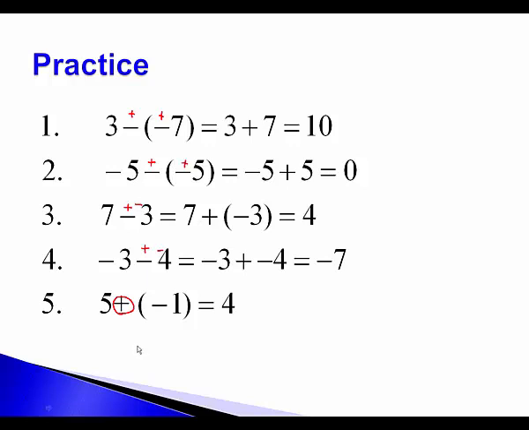You do not do the changes. You simply go straight to this checkbook method. So in this case, I would have deposited $5 and wrote a check for $1 and would have $4 left in the bank. Please make sure that you take the time to notice what operation you're doing before you just blindly start changing things. The only ones that change are the subtraction problems.